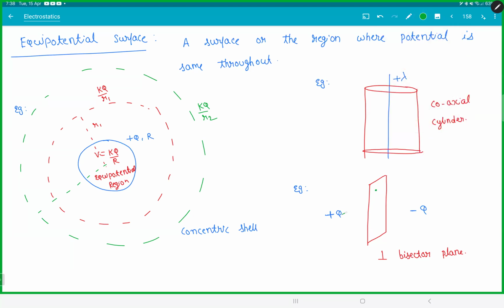If you choose any point here, they're equidistant. So that potential will be KQ by R, this will be minus KQ by R. Potential will be 0, isn't it? That entire plane in the middle will have 0 potential. That's an equipotential plane. So like this, depending on the system, you can find the locus of that curve where the potential is same throughout. That is an equipotential surface.